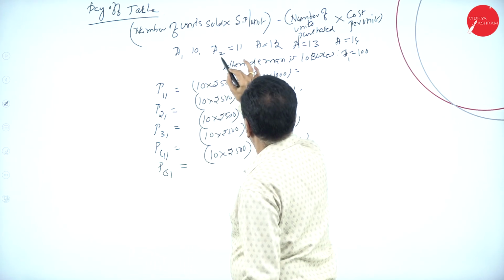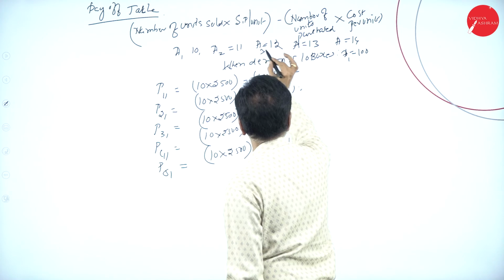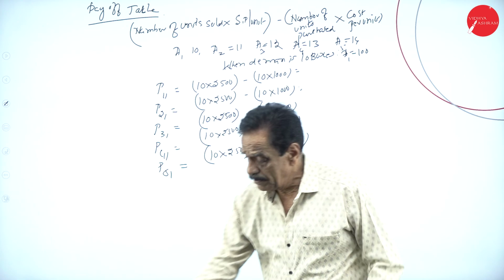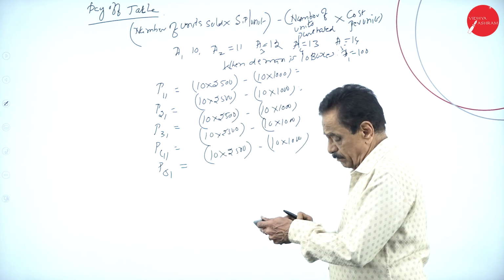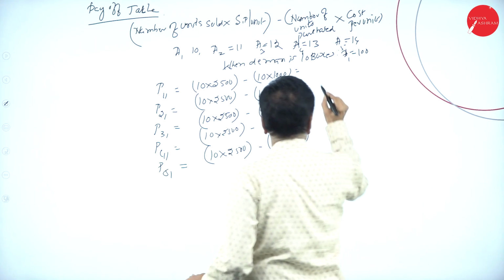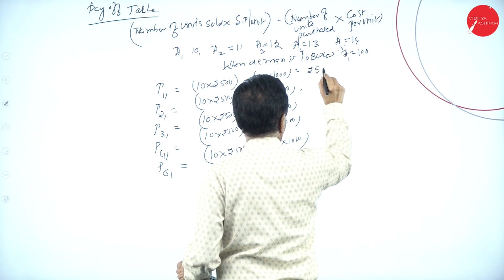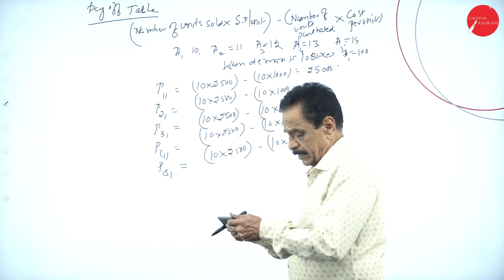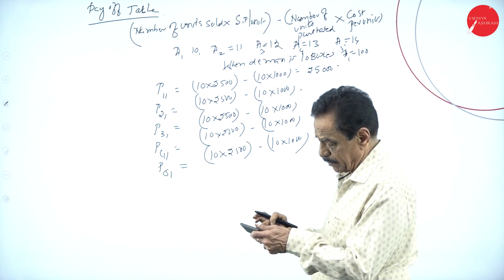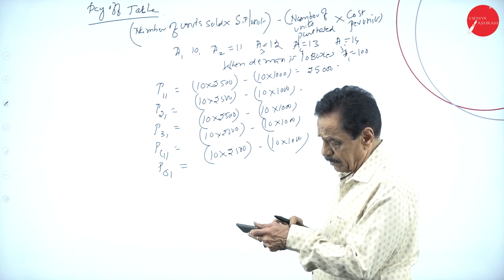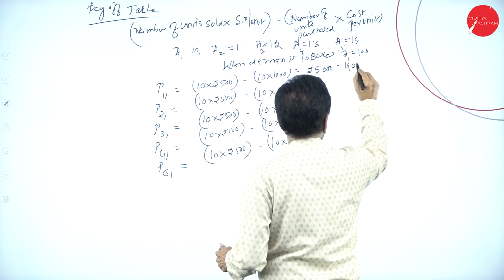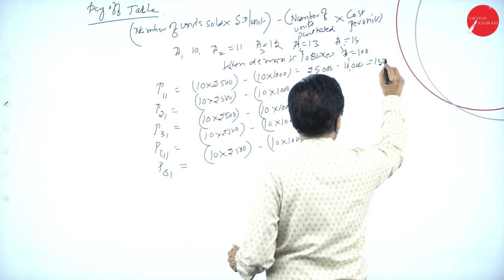See that A1, A2, A3, A4, A5, 5 times. So multiply 10 into 2,500, 25,000, minus 10 into 1,000, 10,000, it is 15,000.